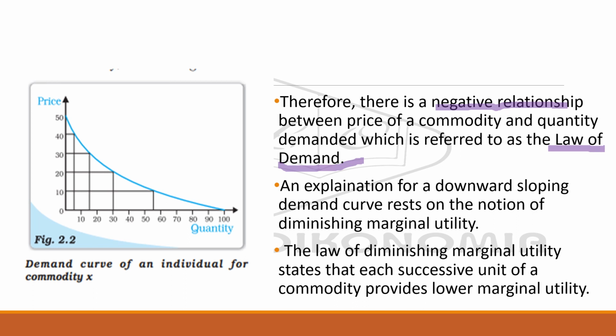And an explanation for this downward sloping, or negatively sloping, demand curve rests on the notion of what is known as the law of diminishing marginal utility. And what does diminishing marginal utility say? When you consume more and more units of a commodity, the utility that you gain from each successive unit goes on diminishing.